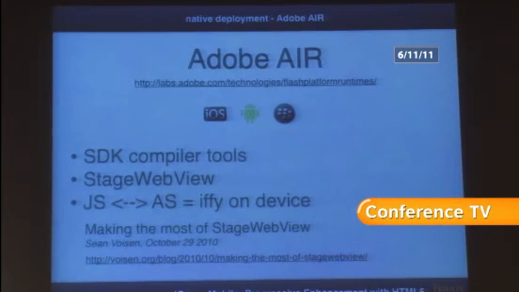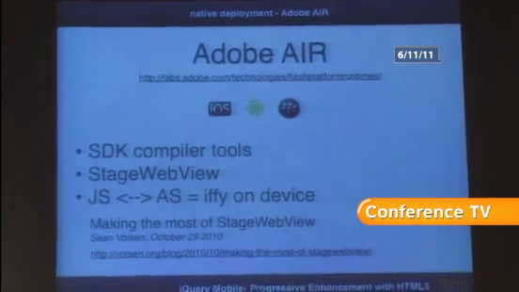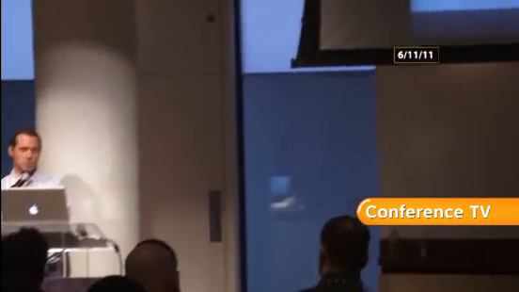The way PhoneGap works is you have another level of device API that you can access, but it's a little harder with Adobe Air. There's also a bunch of other ones that I was going to talk about, but all these slides and the demos will be available on my site. Are there any other questions?